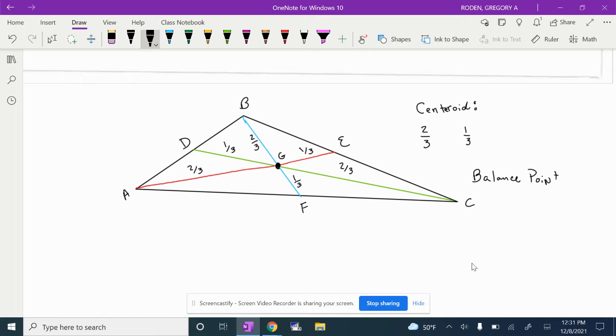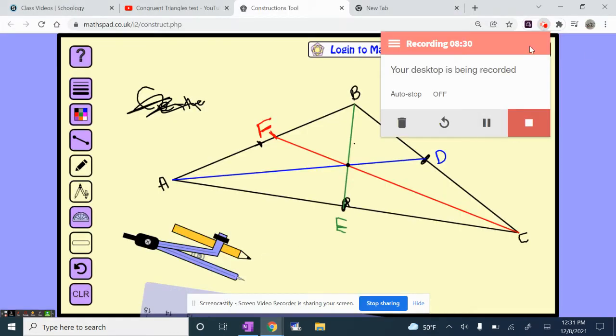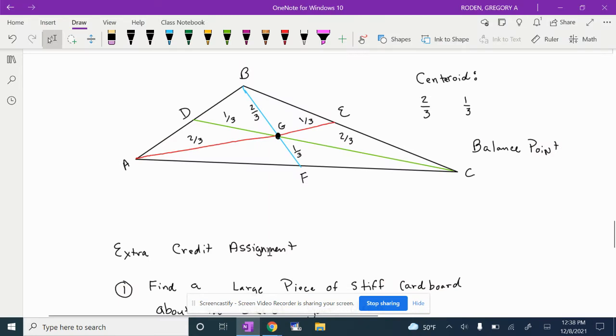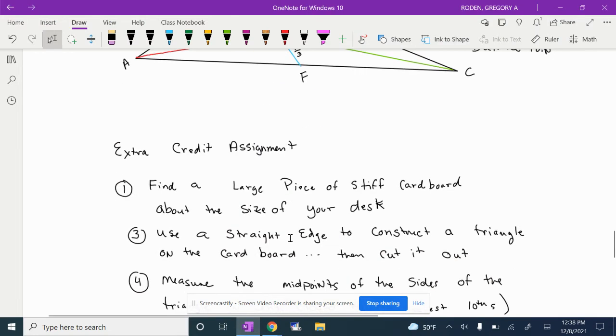All right, so here's your extra credit assignment. I want you to find a large piece of stiff cardboard about the size of your desk, the desk you sit at in Jenkins.